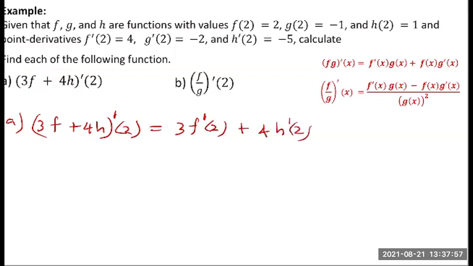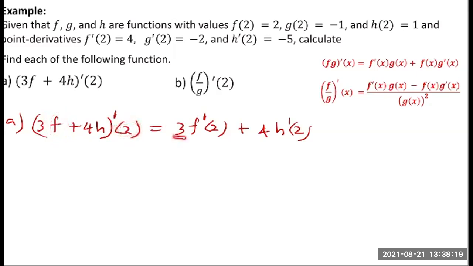That's what you get. You take the derivative of this function and then plus the derivative of this function. What is the derivative of this function? Notice that this is a constant multiple of f of x, right? So this constant stays as it is. And you take the derivative of this function piece, that is f prime of 2, because you have 2 here.